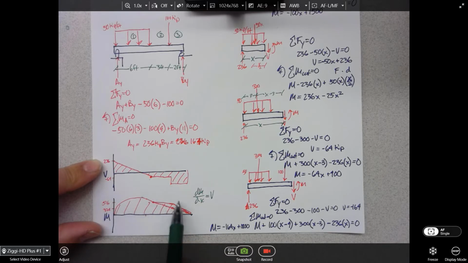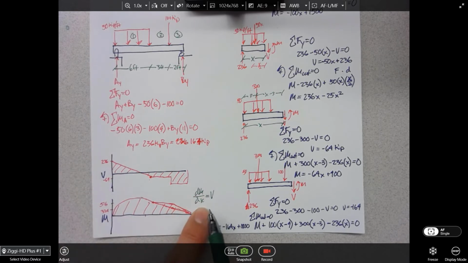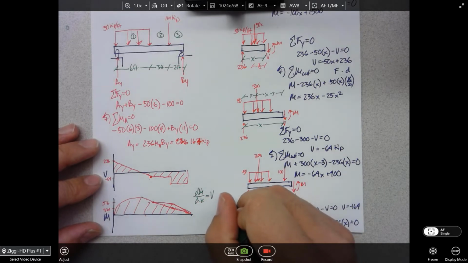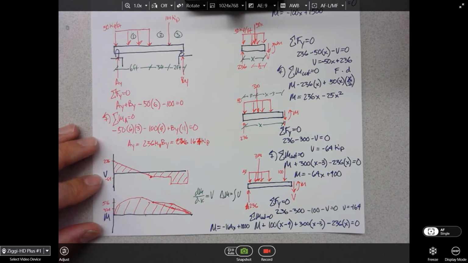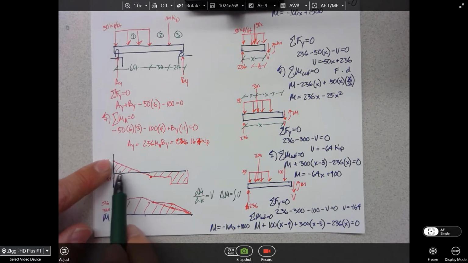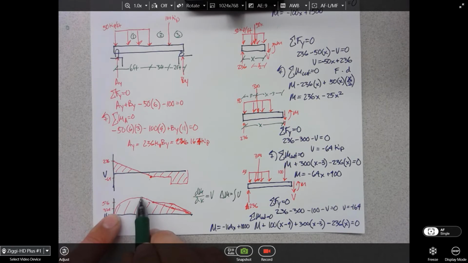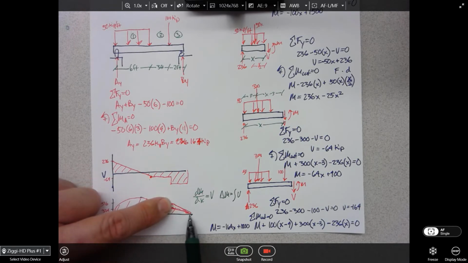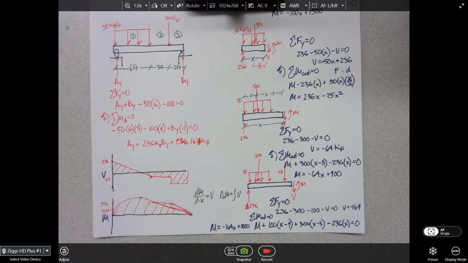Then it has a constant downward slope in this region, and then more downward slope in this region, because the slope of the moment diagram is equal to the value of the shear. Then we also said that the change in the moment diagram is equal to the integral of the shear diagram. So the area underneath here gives me the change as I go from here to there. Okay?